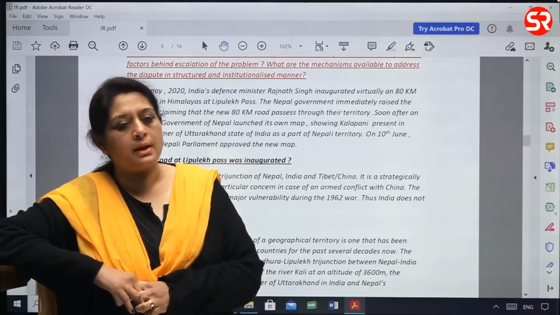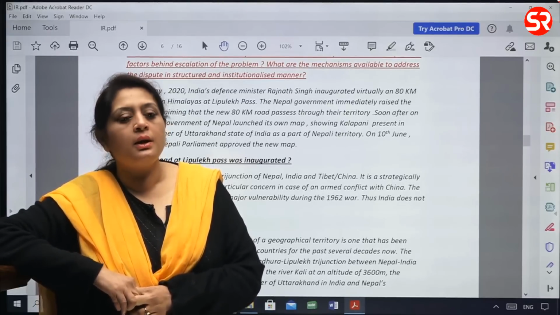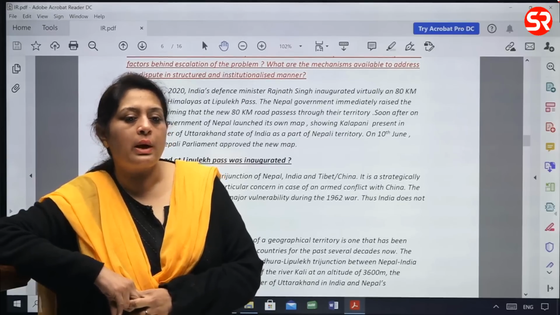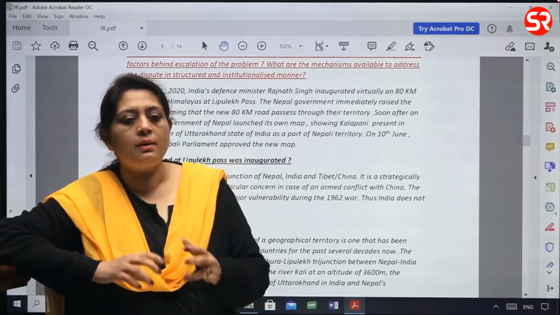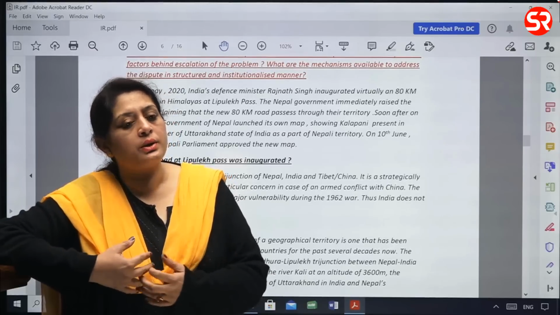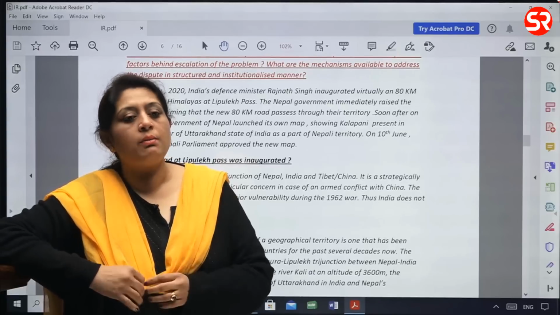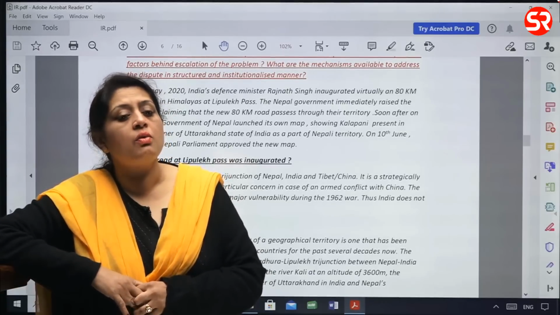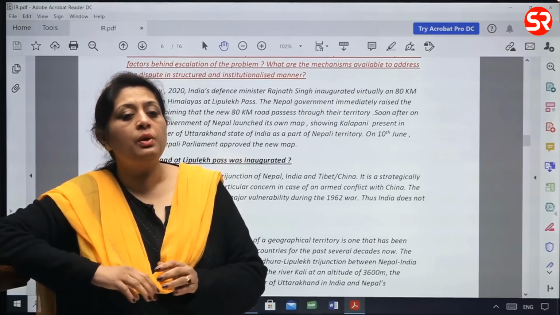So in this context, let us be firm, but we should not go for extreme measures like blockade, etc., which allow the politicians to harm the image of India among the people of Nepal.